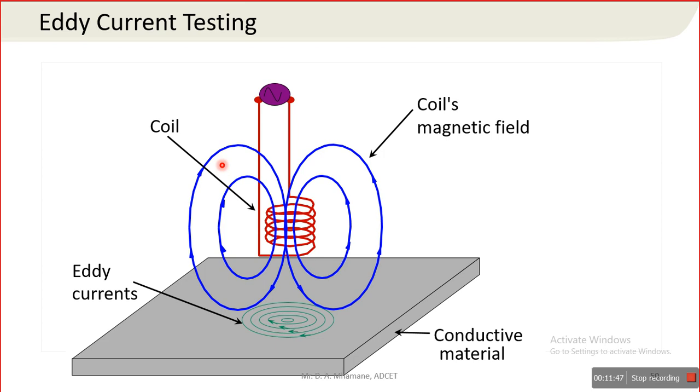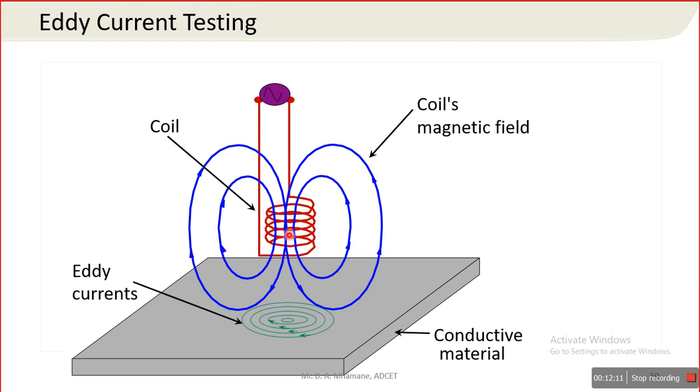When an alternating current is made to pass through the coil. This is the coil, this red is the coil. When we pass alternating current through this coil, it produces an alternating magnetic field. This is the coil's magnetic field.